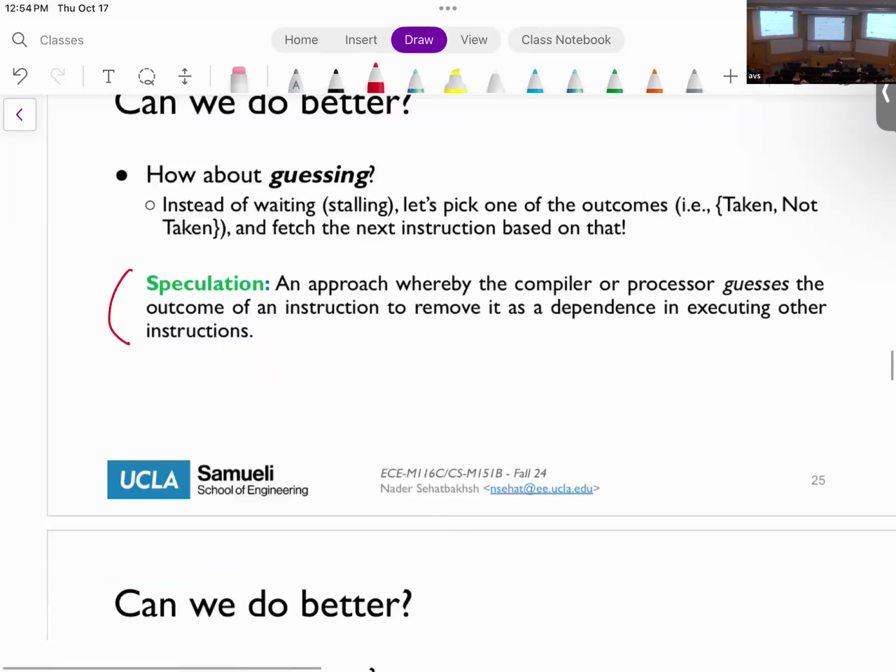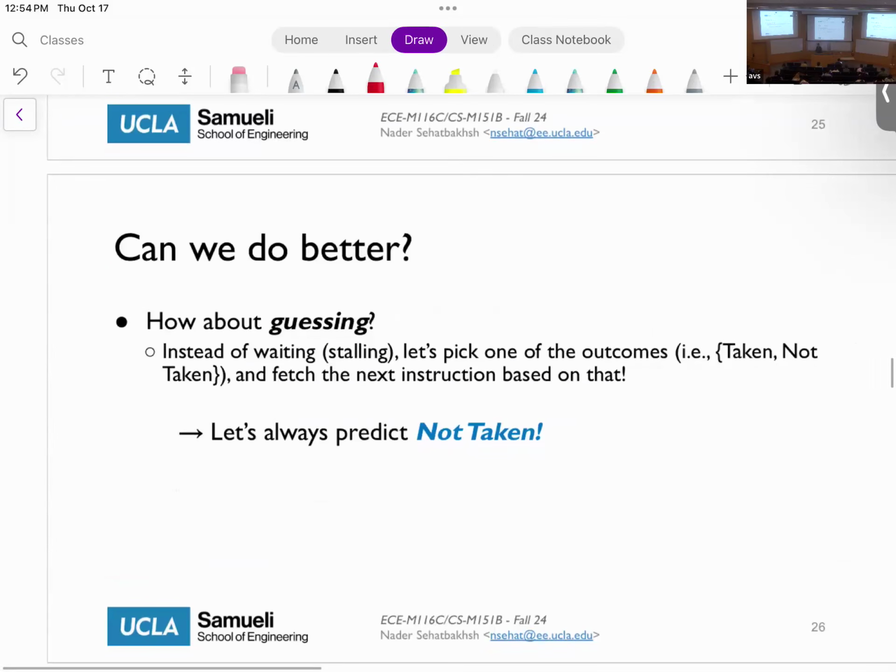But let's see how we actually make the guess. So now we have two options. We have the option of not taken, and we have the option of taken. Okay? Which one should we pick? Which one is the better guess for us? Let's say for now we're going to do it statically, which means that we're always going to guess not taken, or we always guess taken.